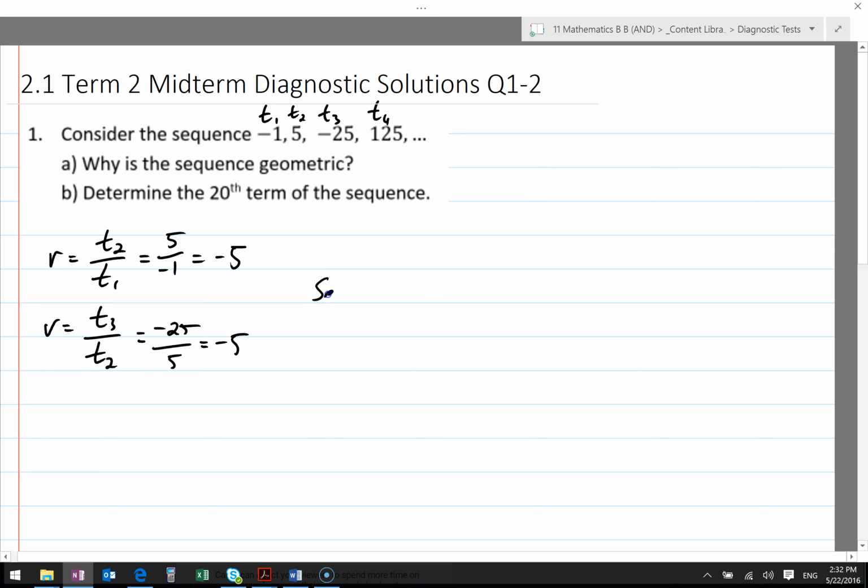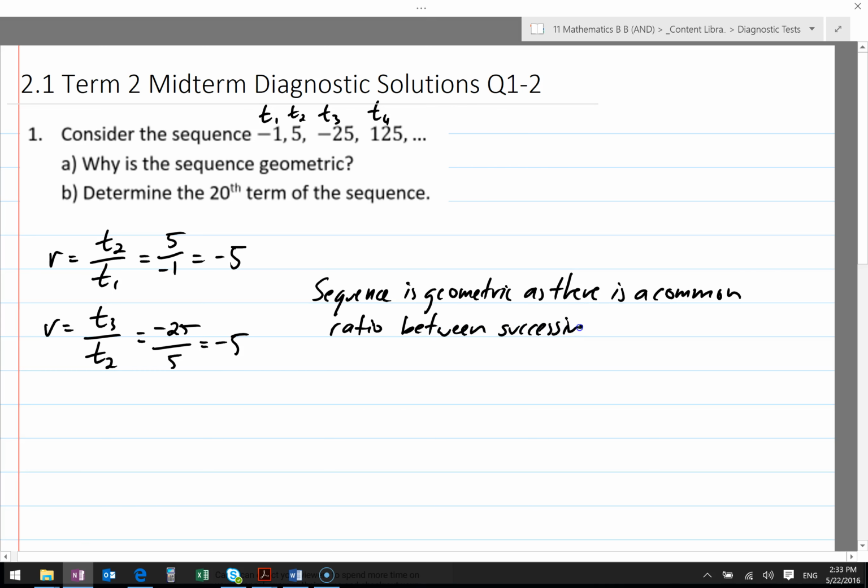The sequence is geometric as there is a common ratio between successive terms. All good? Okay, so that was part A.